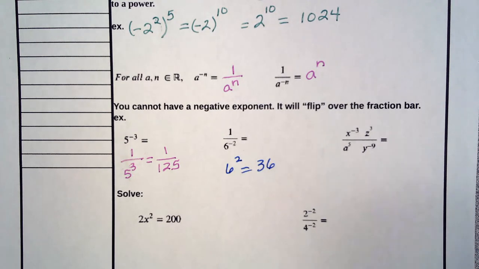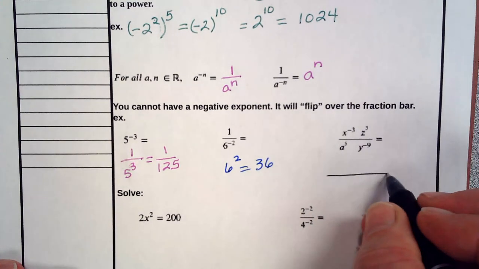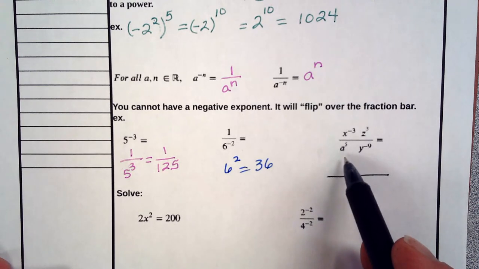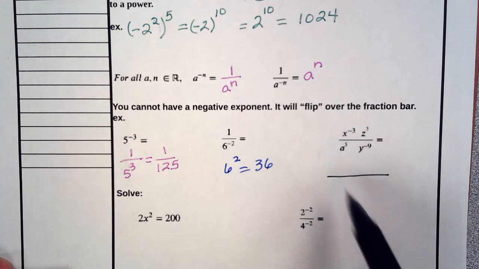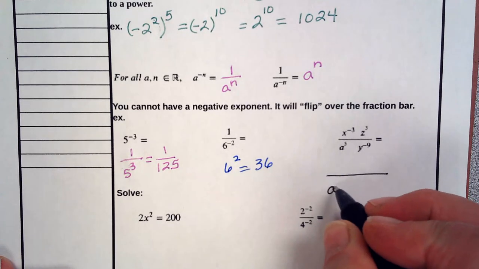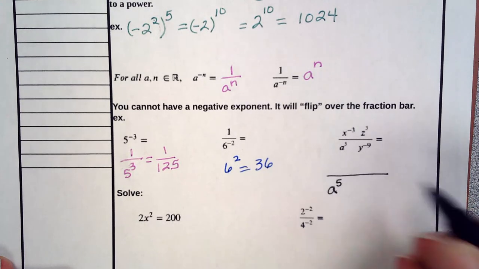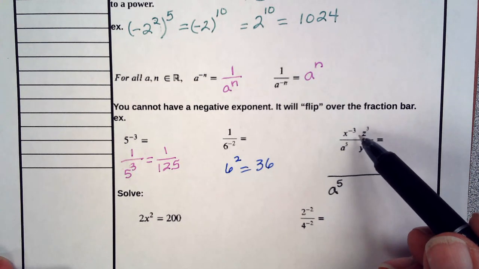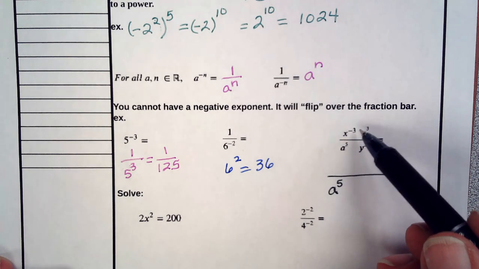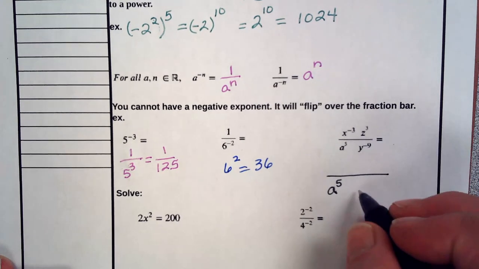So as I'm looking at this, my smallest variable is a to the 5th. Is it positive or negative? It's positive, so it stays in the denominator. Next variable would be x to the -3. Is it positive or negative? It is negative, so that means it will flip down below the bar.